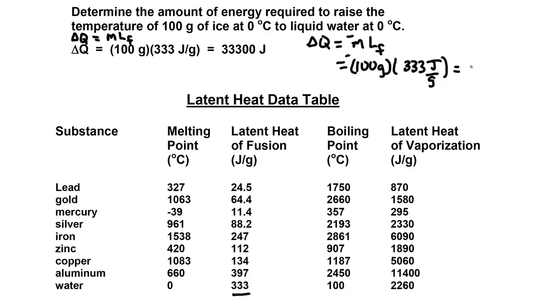And then we would get negative 33,300 joules of energy to go from the liquid state to the solid state. So to freeze water, we would have to remove that energy.